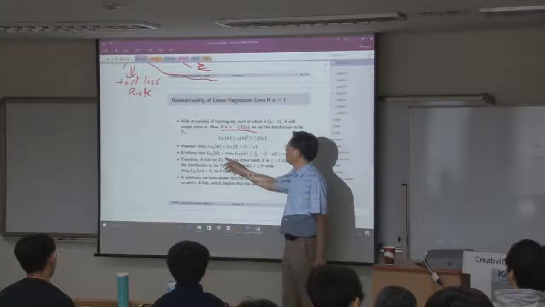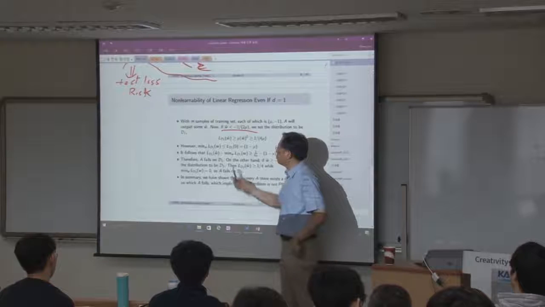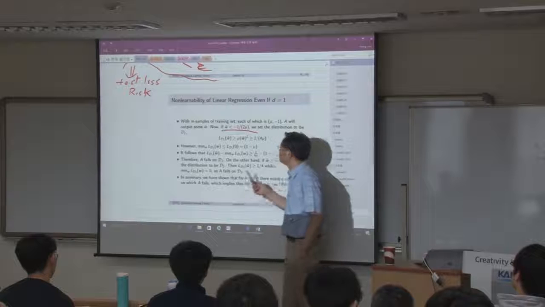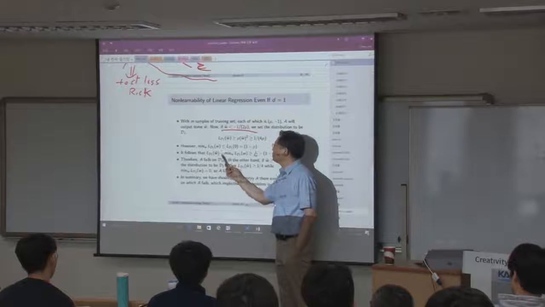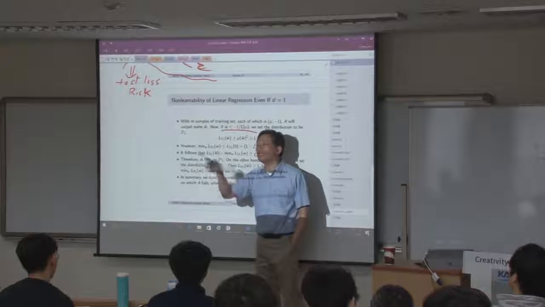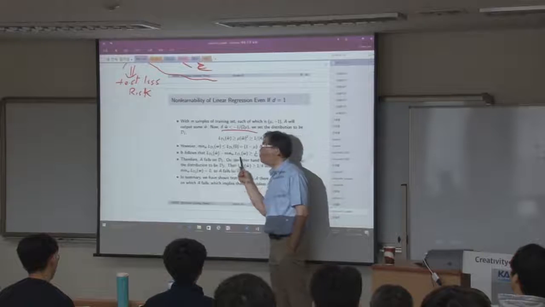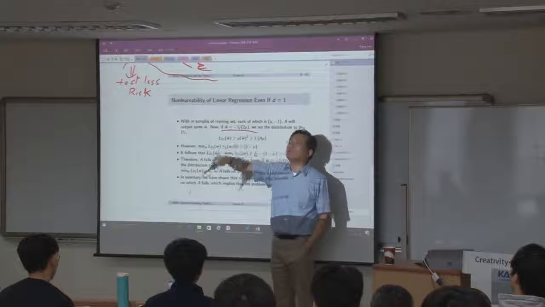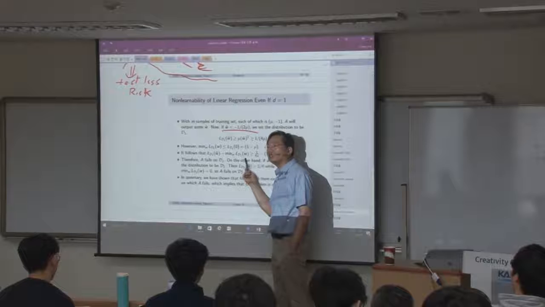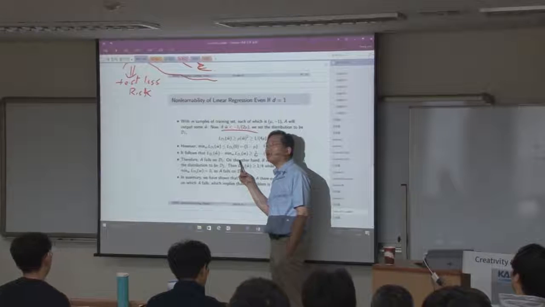So this is my loss for my prediction W hat. This is the minimum loss over all the W in the hypothesis space.